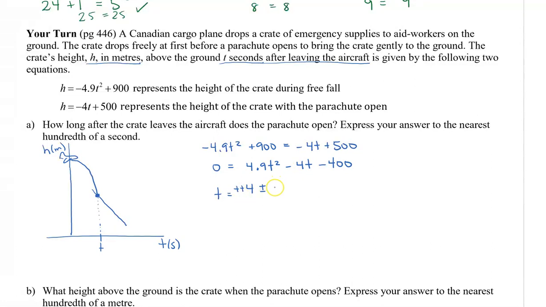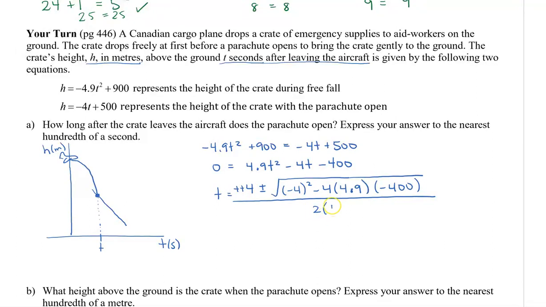Okay, so 4 plus or minus the square root of b squared, so negative 4 squared minus 4 times a, which is 4.9, times negative 400. And let's extend my radical since it covers everything inside. Draw a fraction line which covers everything, including the 4, and then 2 times 4.9.